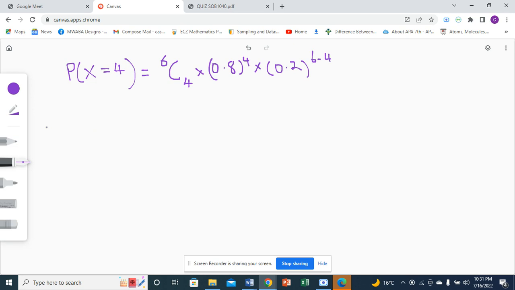And we solve these individually, so we say 6. And out of 6 trials, 4 are successful.